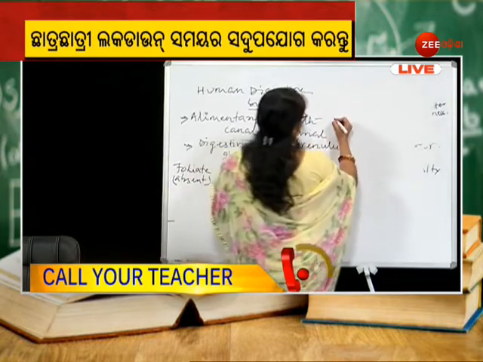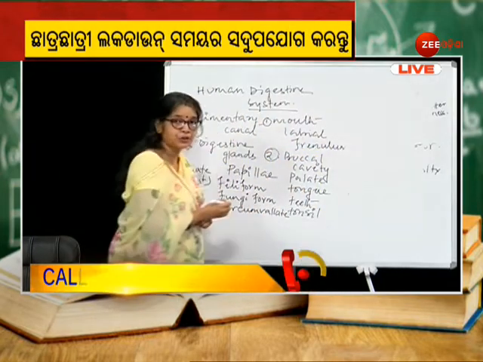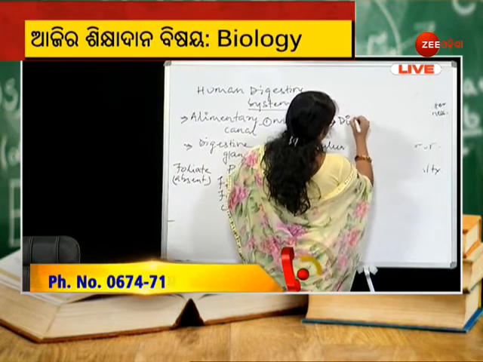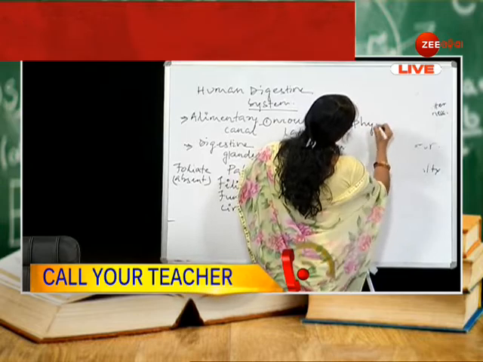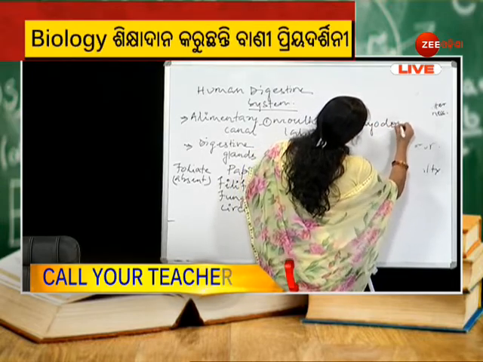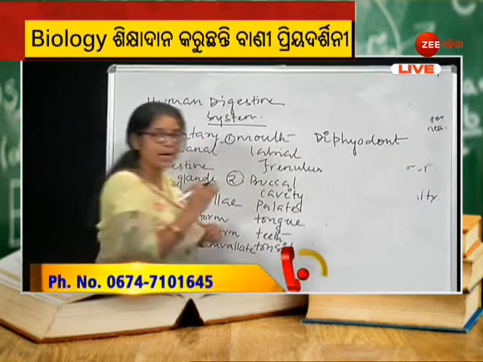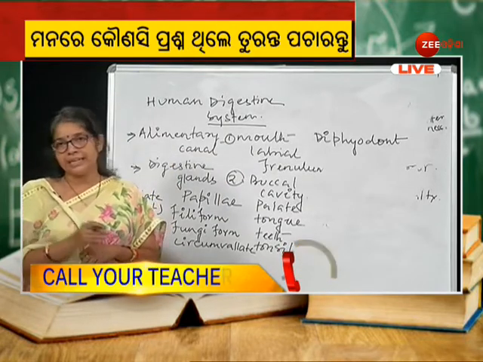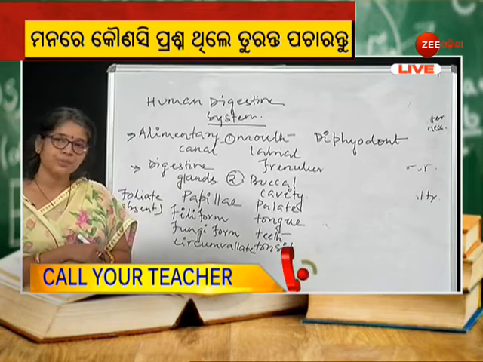On that basis, human teeth are diphyodont. Diphyodont means throughout the lifespan of a human, we can find two different types of teeth.